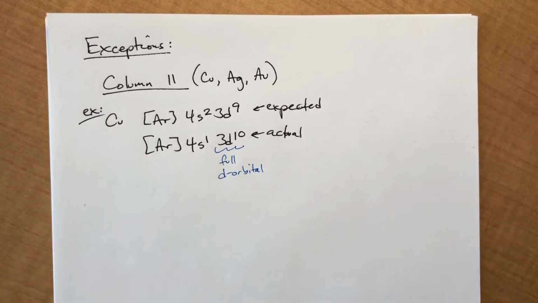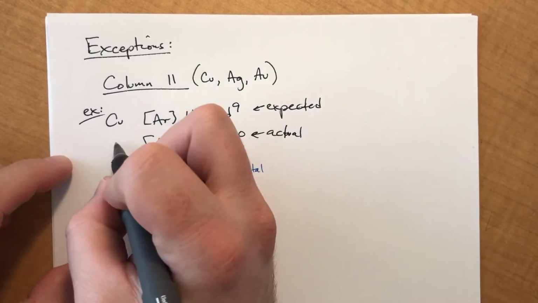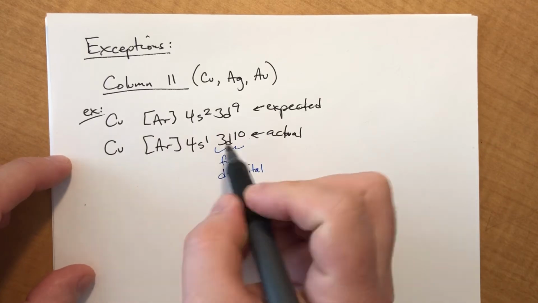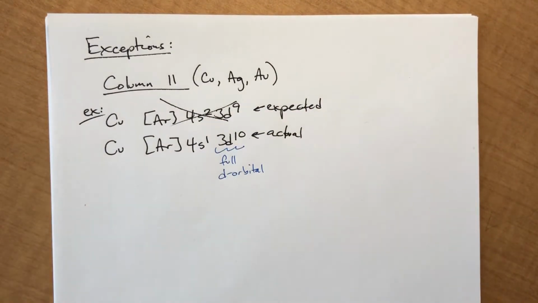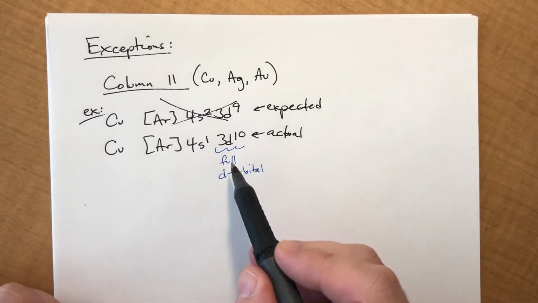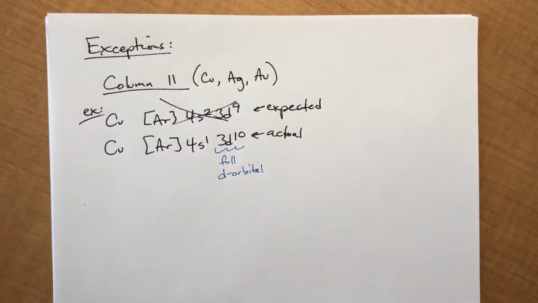P orbitals won't do this. It's only d orbitals that make this weird little glitch. But this is actually the value for copper. So this one is actually not correct, even though that's what you would have totally expected it to be. Because this is more stable. The d orbital will steal an electron to stabilize the overall atom.